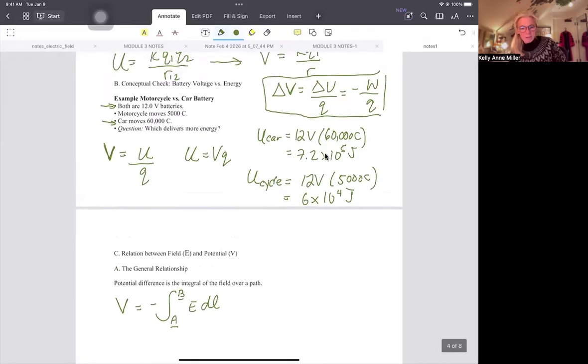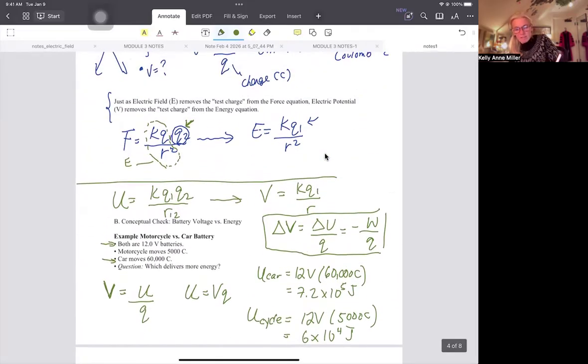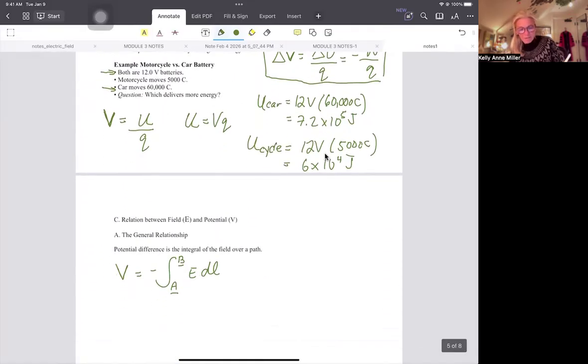Okay, so remember, up here we said the electric field is just this. Let me just drive this for you.